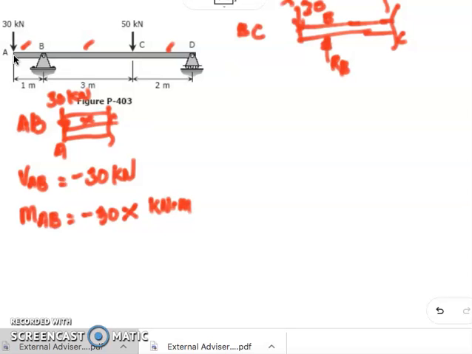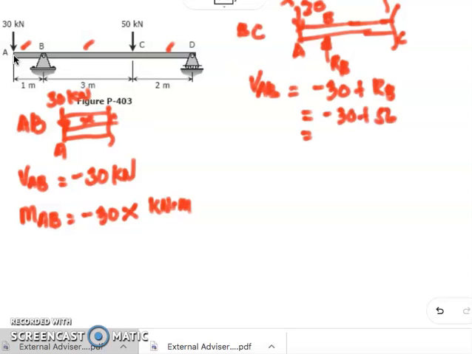This is our point A. So therefore, for shearing force AB, that will be equivalent to negative 30, then plus R sub B. And of course, R sub B, we have computed that one, which is equivalent to 56. So negative 30 plus 56. And this gives us our 26 kilonewton for our shearing force.